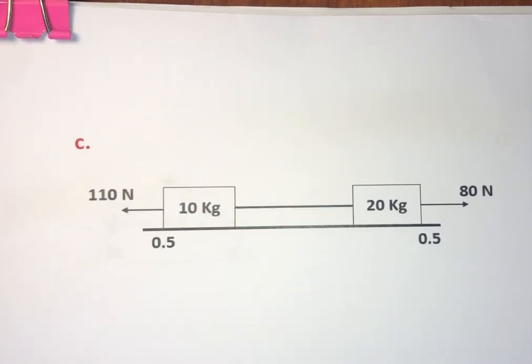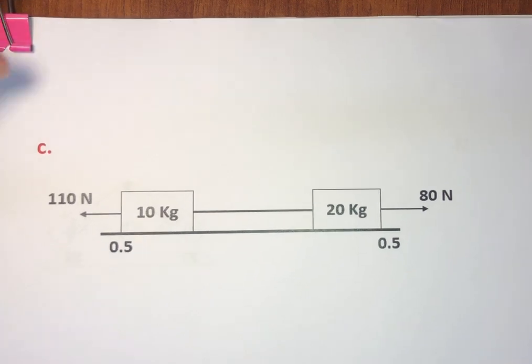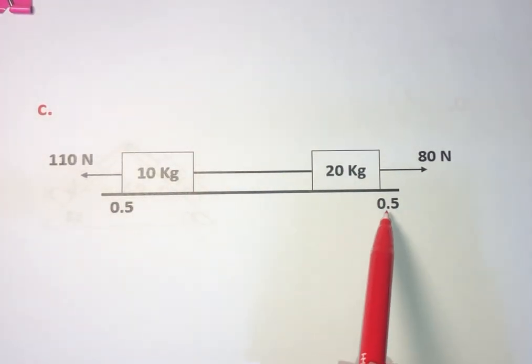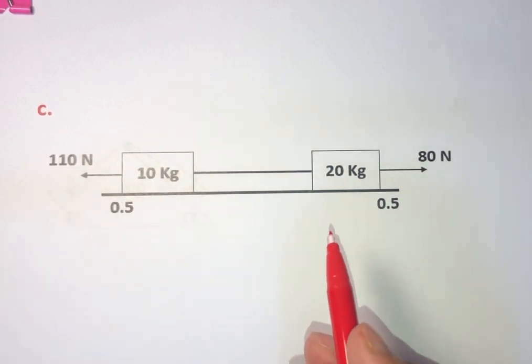So we have C part. In this case, we have a block of 10 and 20, coefficient of friction is 0.5, 0.5, and forces are 80 and 110 Newton.